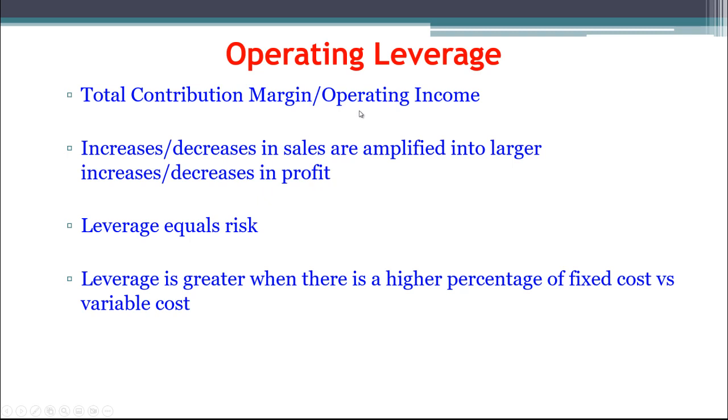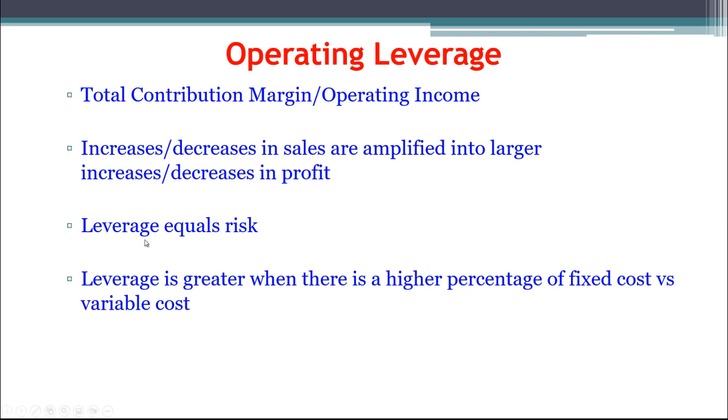Now, again, the difference between these two is the fixed cost. The more fixed cost we have, and therefore the less variable cost generally, the more leverage we will have, and that's risk. The more leverage we have is risk, but it could be good or bad. Risk can be positive or negative.